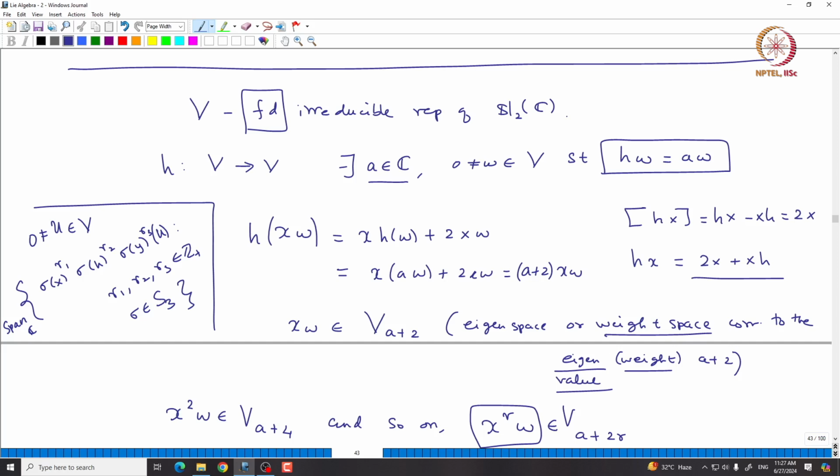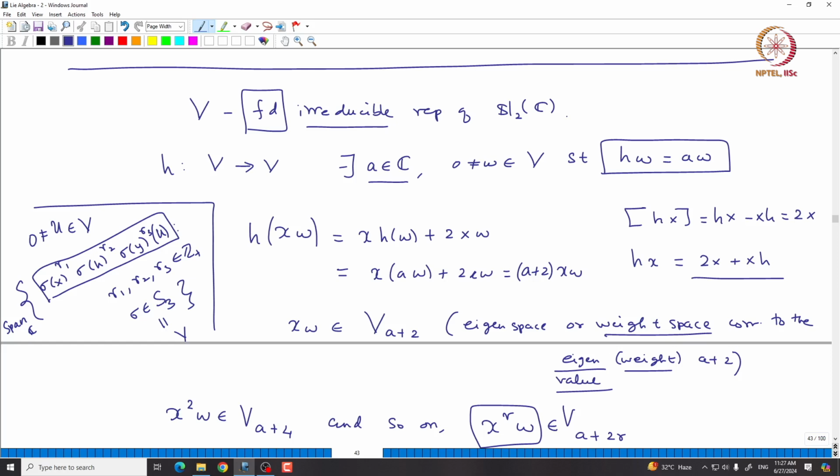But we know that V is irreducible, so this module has to be equal to capital V. But you can see that this is a really huge generating set, because even though it is countably infinite, it is infinite. So, it is not a very good thing to do.